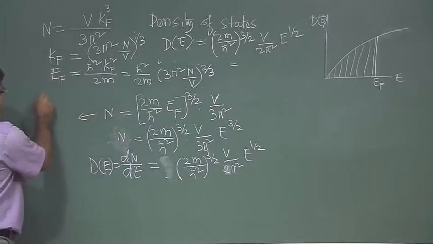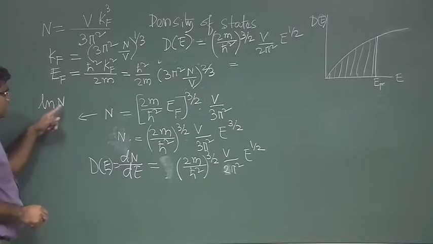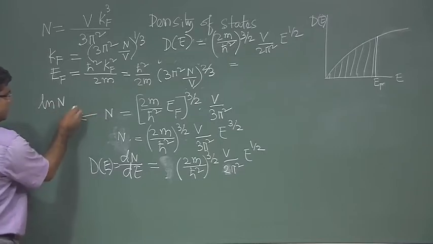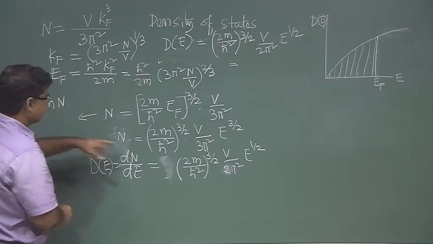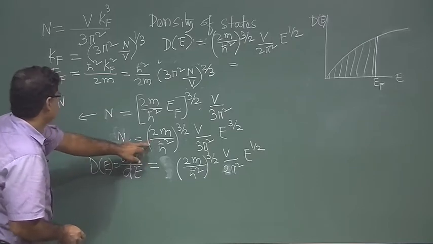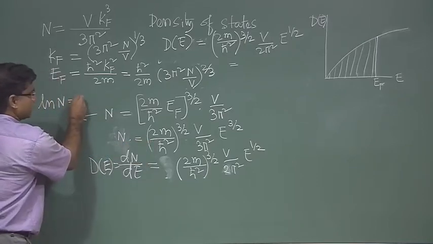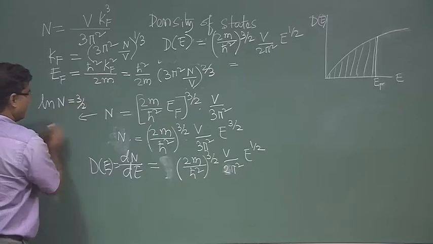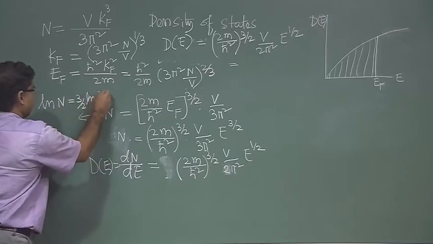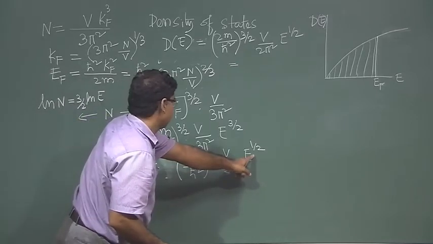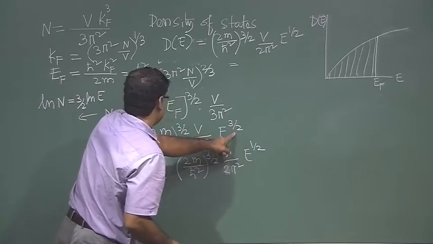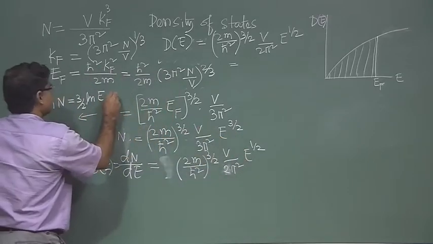I can write ln n equal to 3 by 2 ln E, and this term is constant.